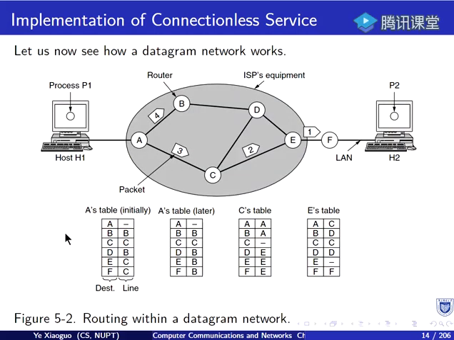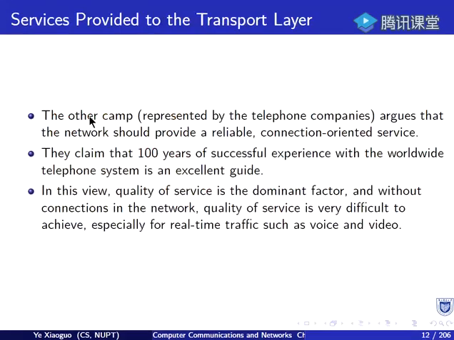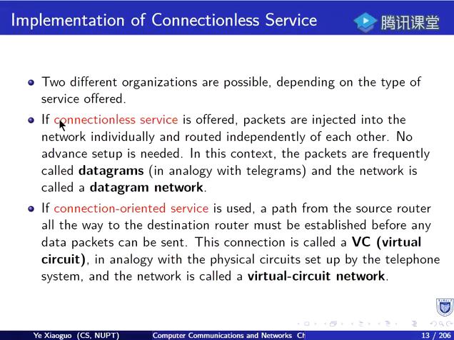Let us now see how a datagram network works. What is a datagram network? Datagram means in this network, we use a connectionless service, right? And the packets are routed independently of each other.